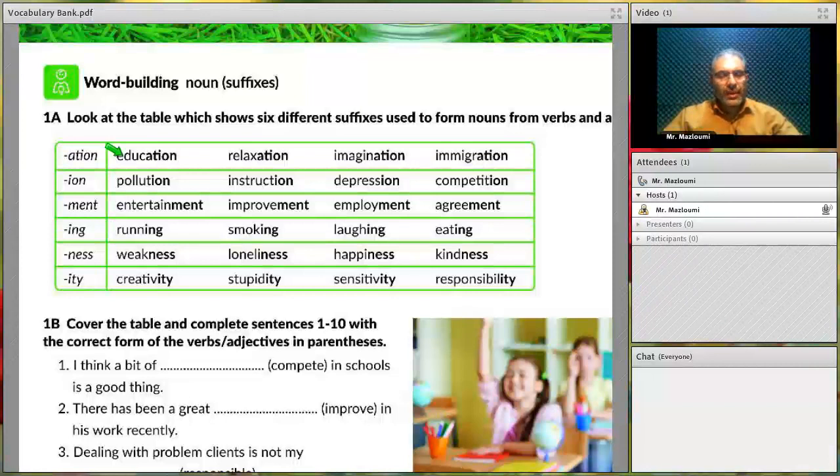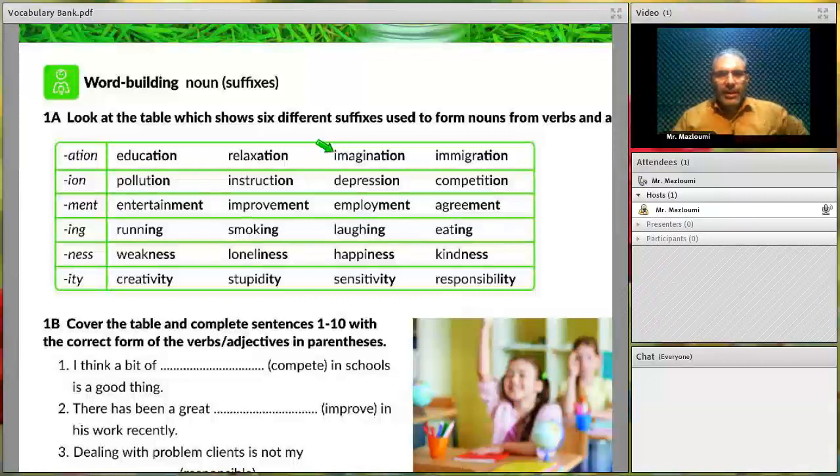Responsibility. Well, education comes from the verb educate. We educate children. Relax, relaxation. Imagine, imagination. Emigrate, emigration. Everyone, immigrate means to come into a country, to live there permanently, forever.